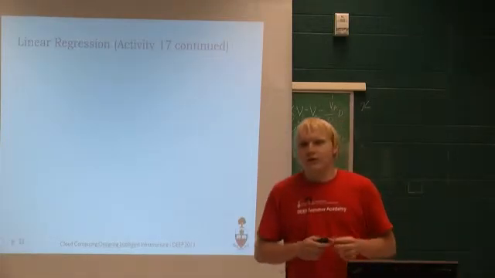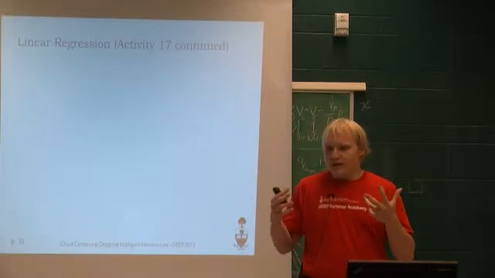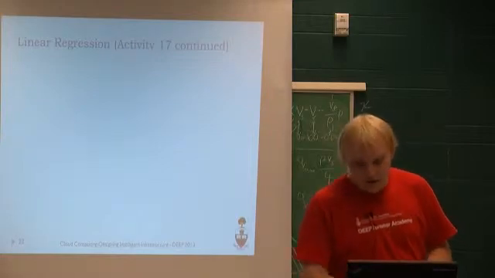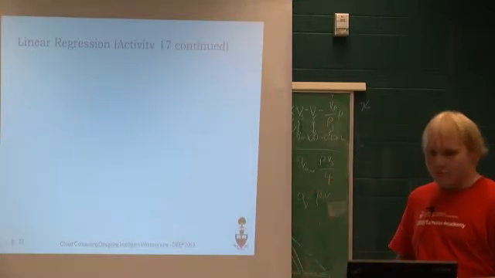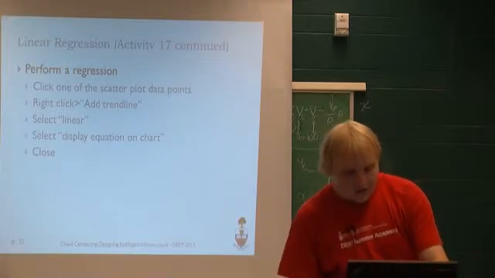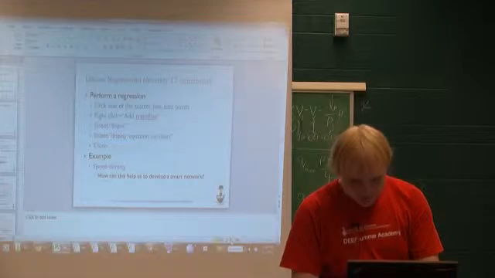All right, so now we're going to start trying to quantify this linear data that we looked at. We pointed out that the scatter plot looked very linear before, and now we're going to figure out how linear it is and what that line is. To do that, head back to your two-variable analysis.